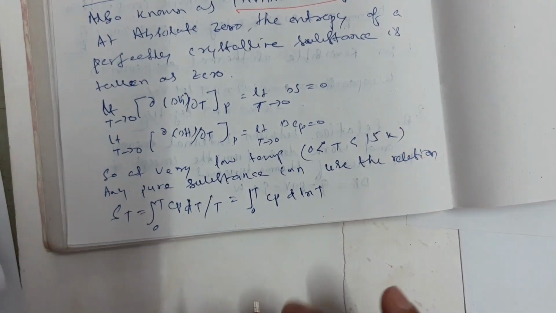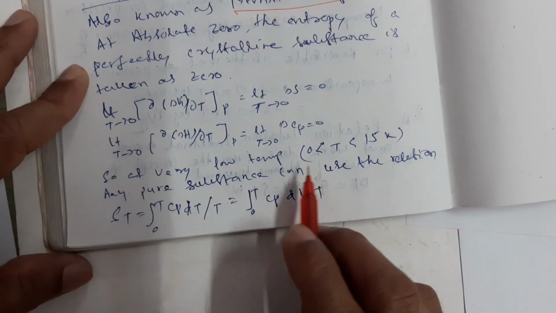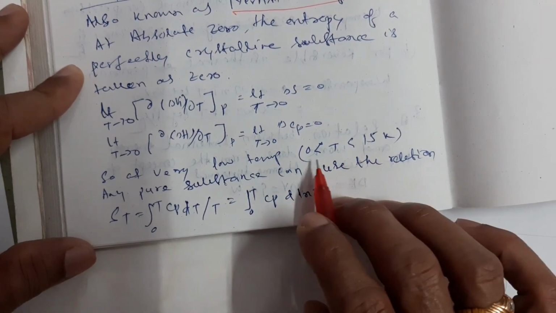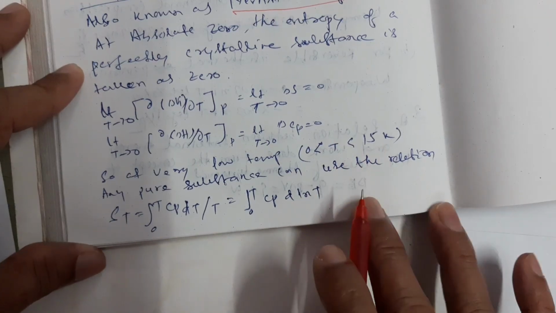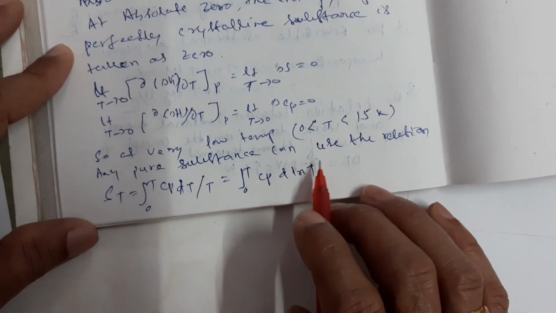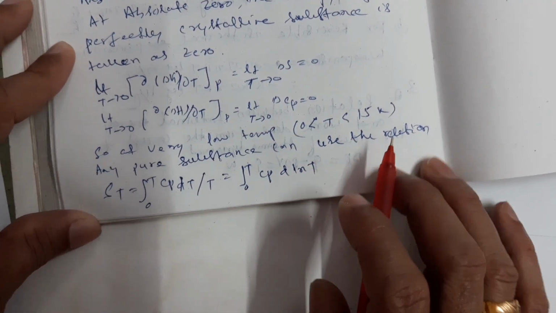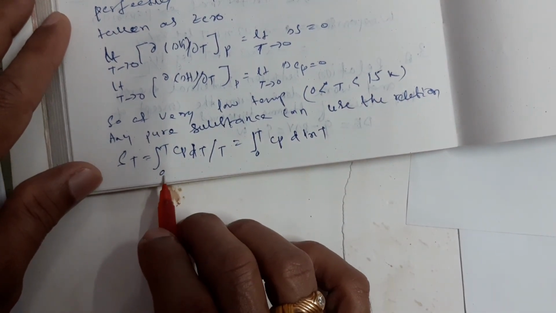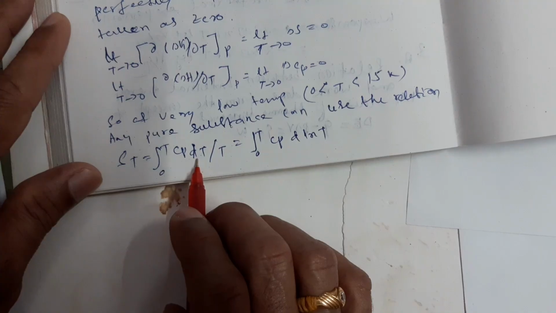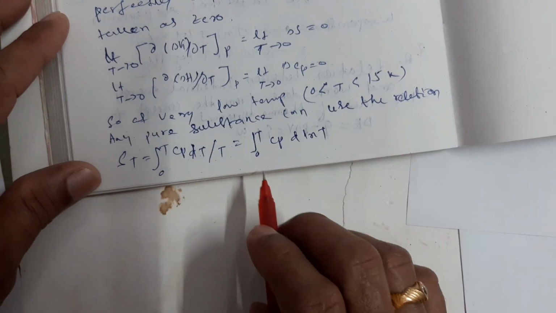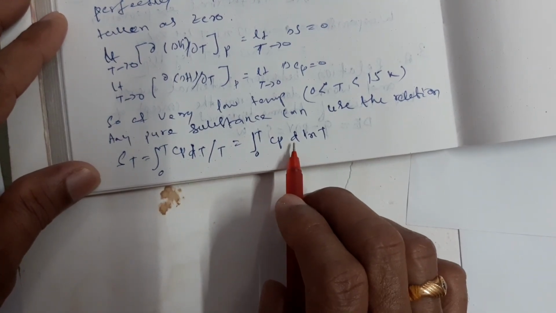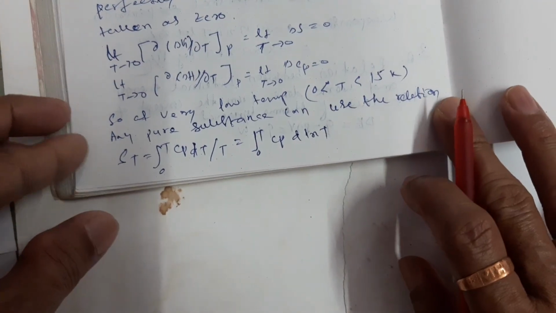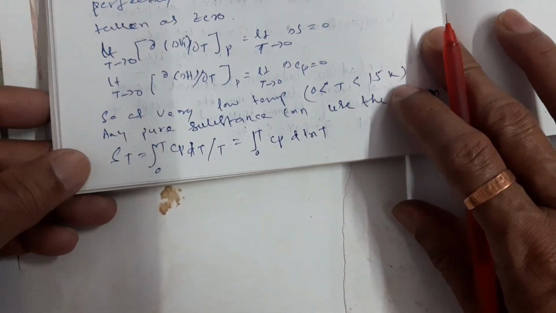At very low temperature, in the range 0 to 15 Kelvin, for any pure substance you can use S_T equal to integration from 0 to T of Cp dT by T, or 0 to T Cp d ln T. You can use this formula for problem solving.